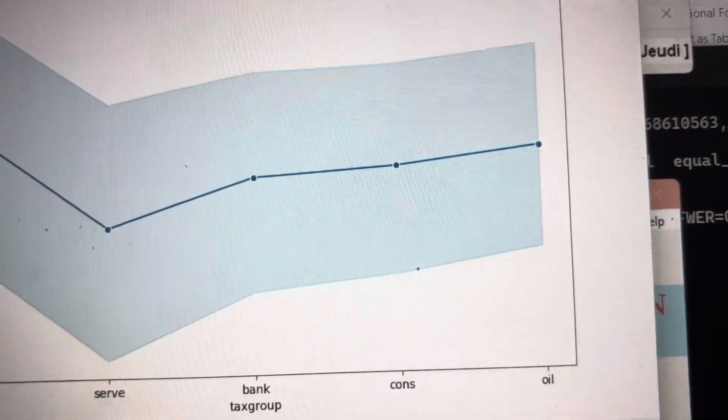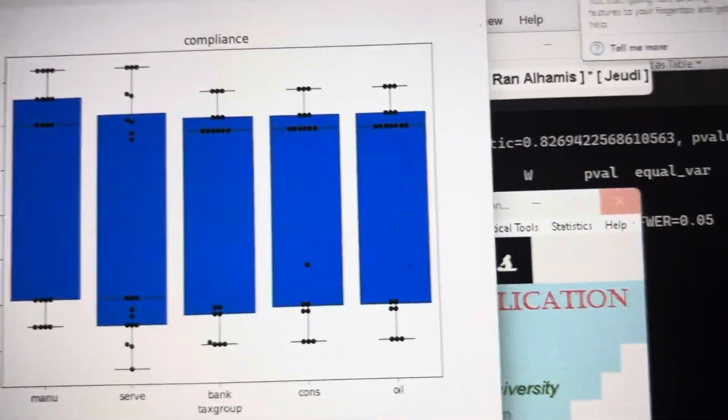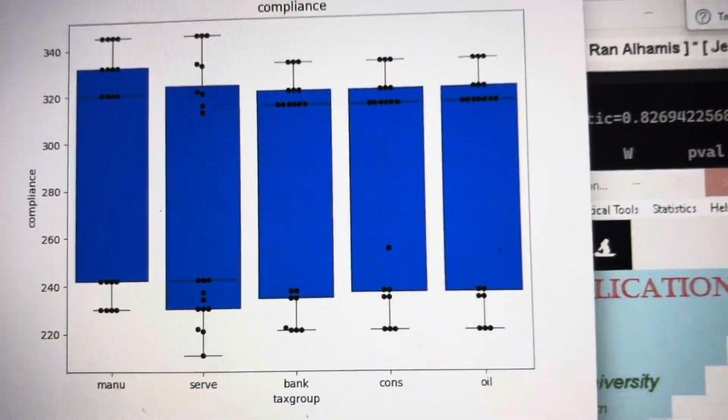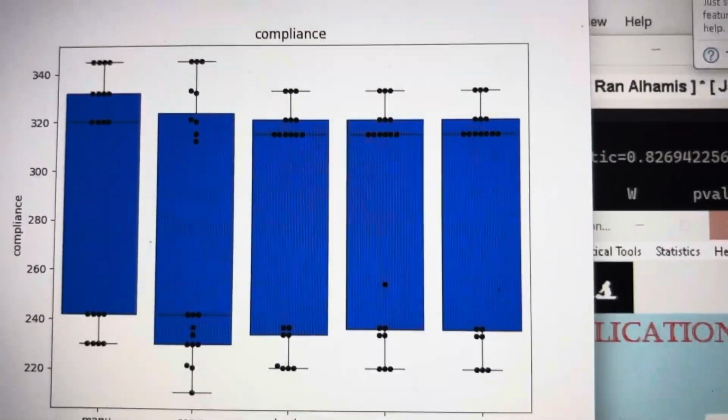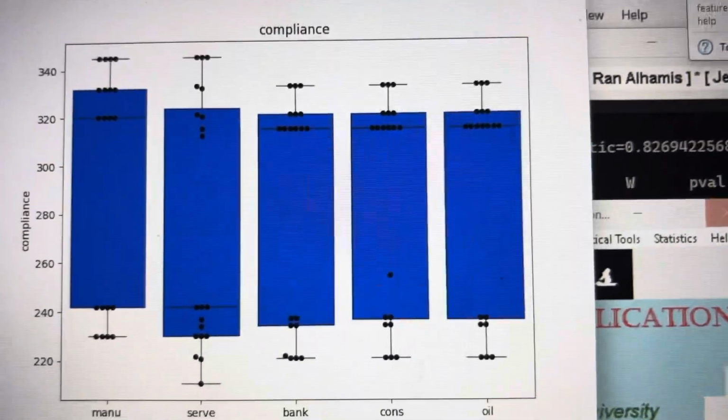Now let's look at the next one. This is the box plot for the 5 different industries. Manufacturing is still higher.